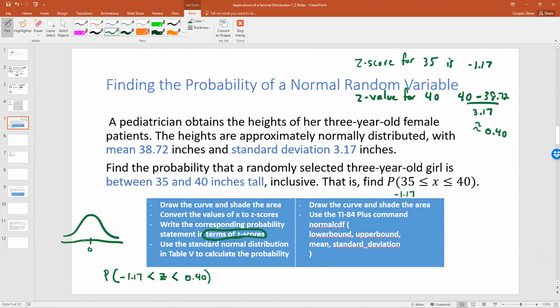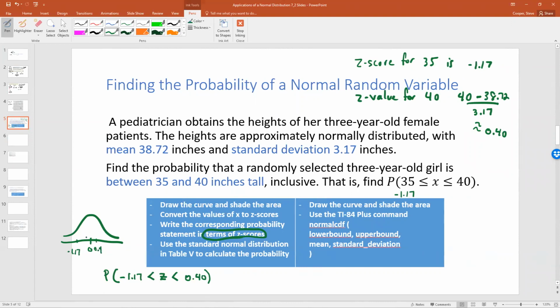Okay, and then the negative 1.17 is probably somewhere about right here. And then the 0.40, it's not lining up.